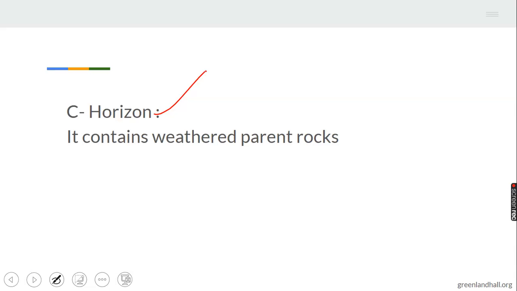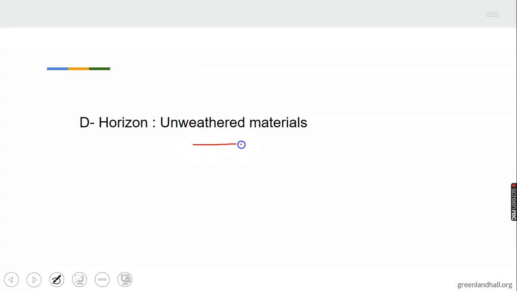Take note of that. Horizon D is bedrock, while horizon C is called weathered parent materials. Then we have horizon D, unweathered material, which is also called the bedrock. The rocks in this zone have not been weathered, have not been broken down, have not been disintegrated.